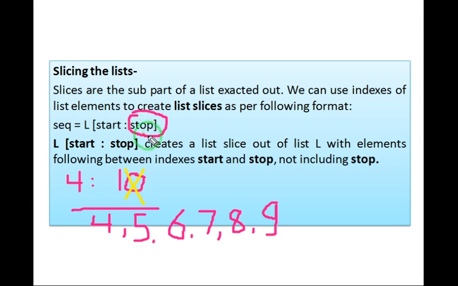But the value at the stop index will not be displayed. So if my start index is 2 and end index is 4, it will only display the values at index numbers 2 and 3. Let's try this with an example.